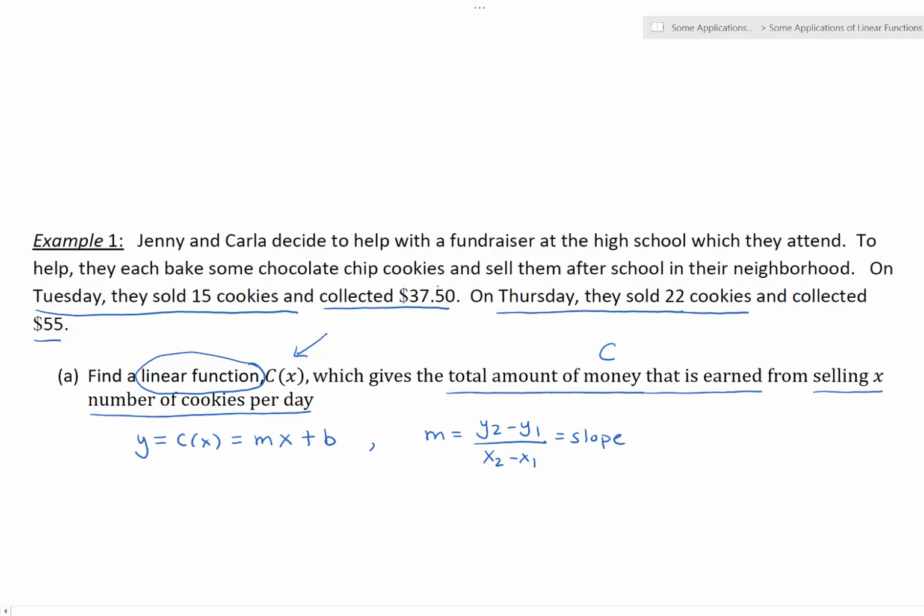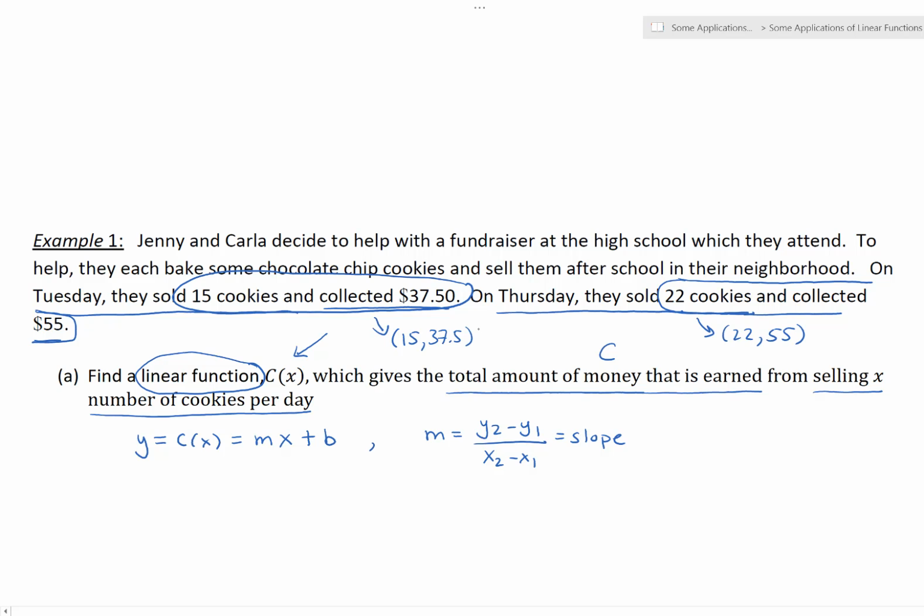If you sell 15 cookies, they get $37.50. So that is the ordered pair with input value 15 cookies and output value 37.5, which represents $37.50. We also have another ordered pair: 22 cookies, and they got $55. That means the input value 22 is given the output value of 55.